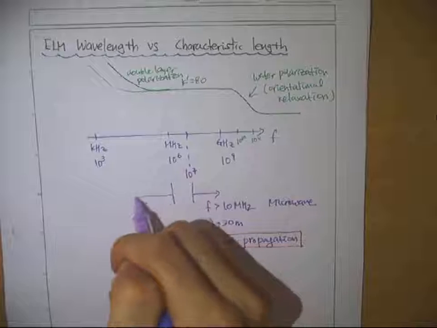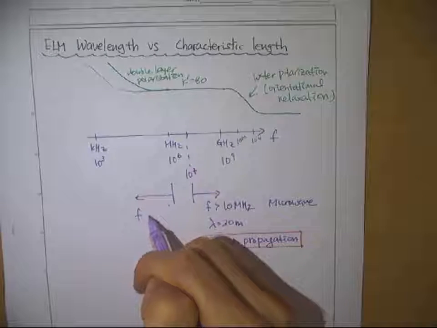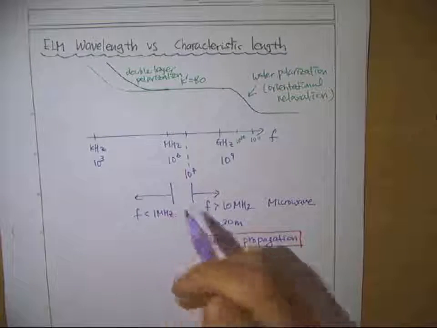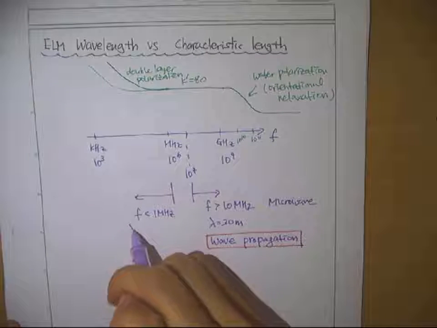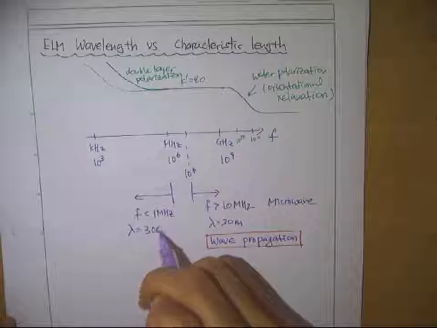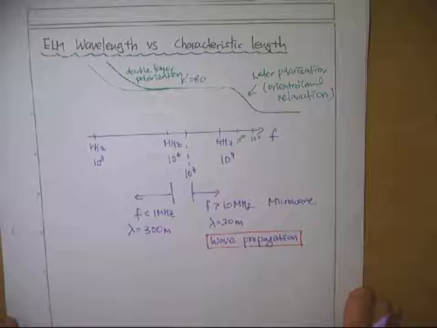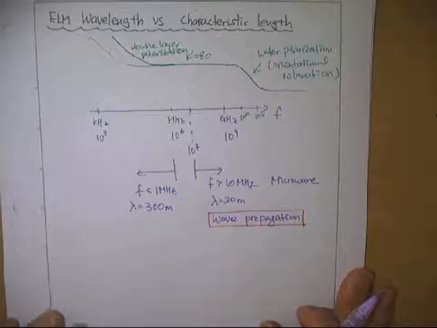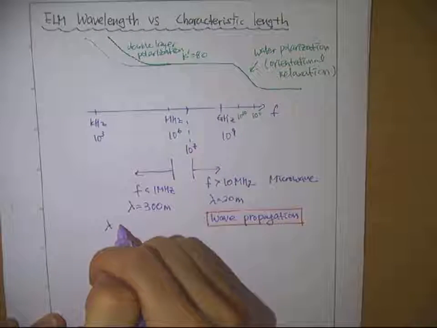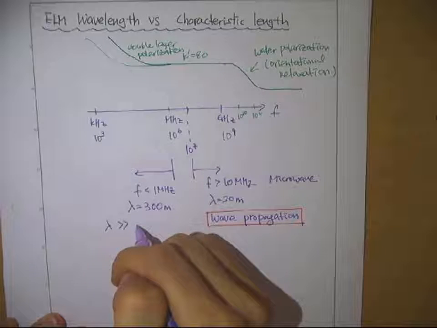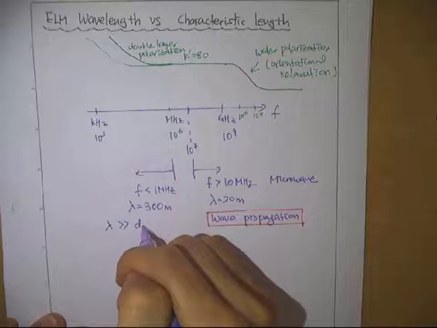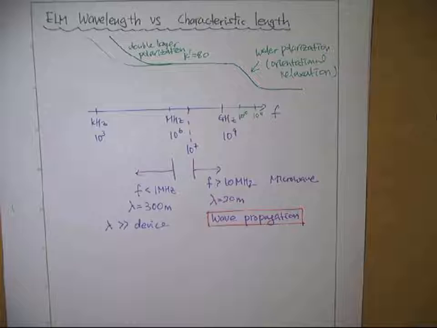And when the frequency is less than 1 megahertz, the wavelength is, how much is that? That's around 300 meters. So the wavelength is very long. In general, this wavelength is higher than the device or the size of the soil specimen.